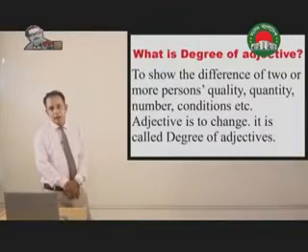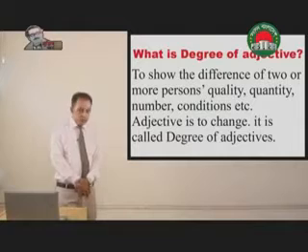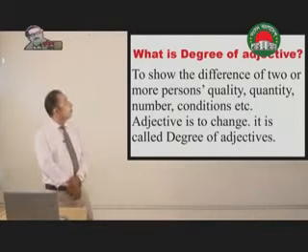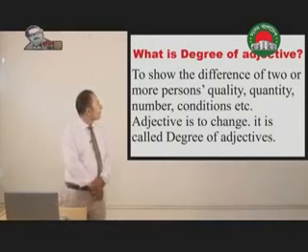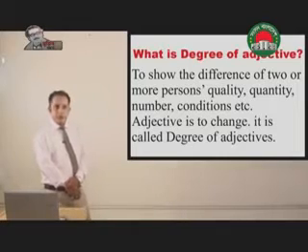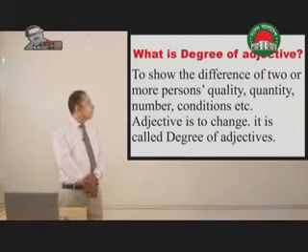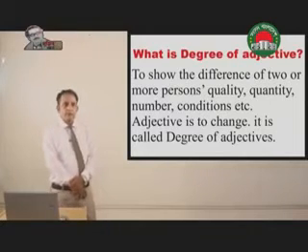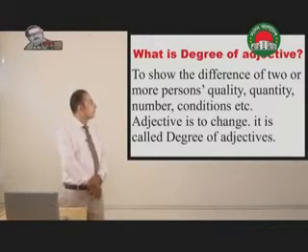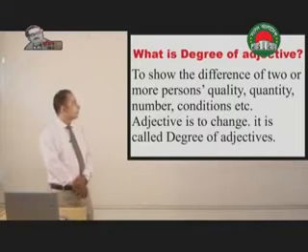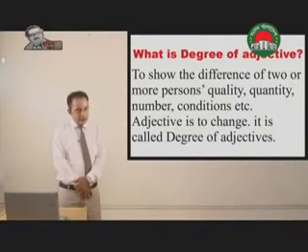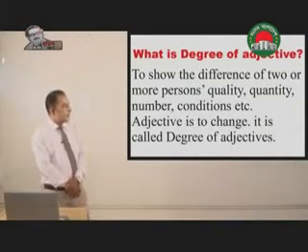Okay, dear students, you know that our today's topic is degree of adjective. Let's know what is degree of adjective. To show the difference of two or more persons, quality, quantity, number, conditions, etc., the adjective is changed.